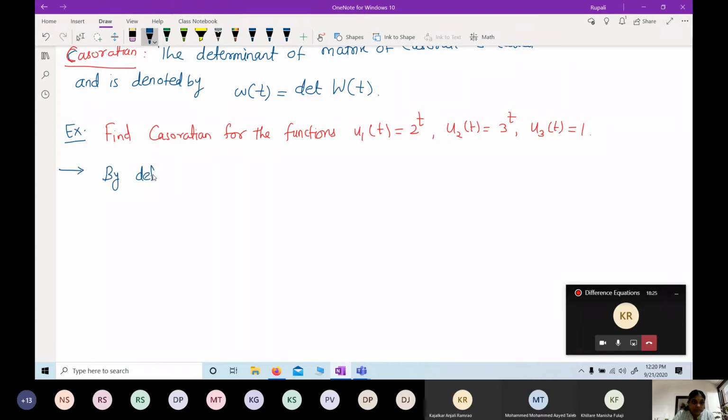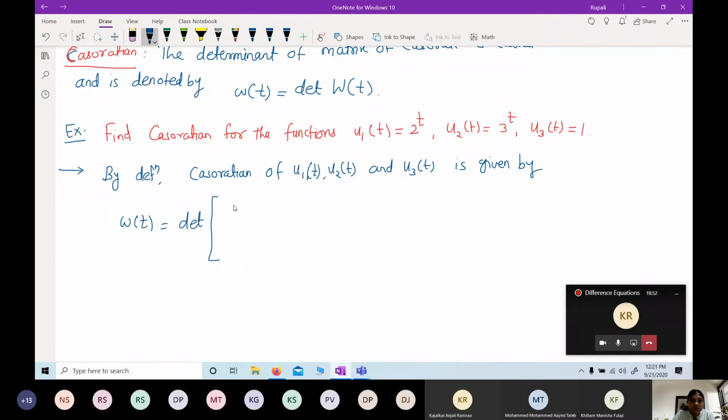By definition, the Casoratian of u1(t), u2(t), and u3(t) is given by small w(t), which is the determinant of the matrix with rows u1(t), u2(t), u3(t), then u1(t+1), u2(t+1), u3(t+1), and last u1(t+2), u2(t+2), u3(t+2). Is that okay?